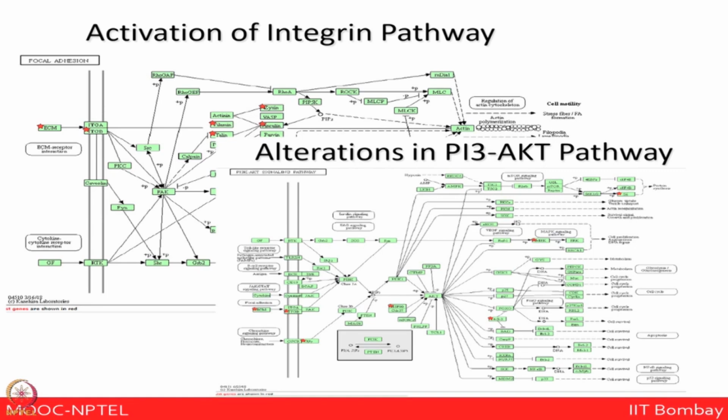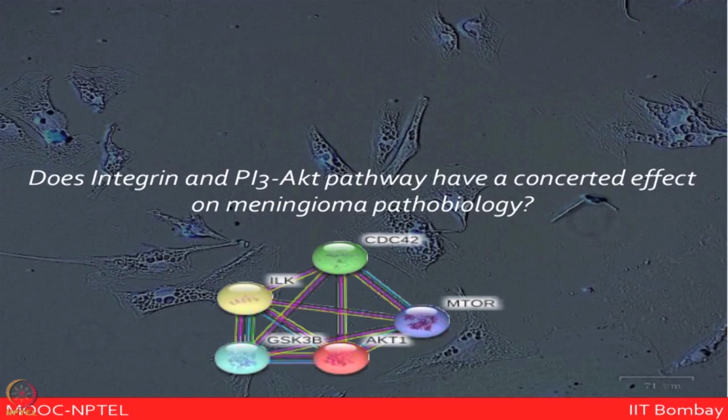So the logical flow was to investigate this pathway in much more detail. Many of the proteins in the network shown here were identified from our discovery workflows. Our question was whether the integrin and PI3 AKT pathways have some concerted effect on meningioma pathobiology.